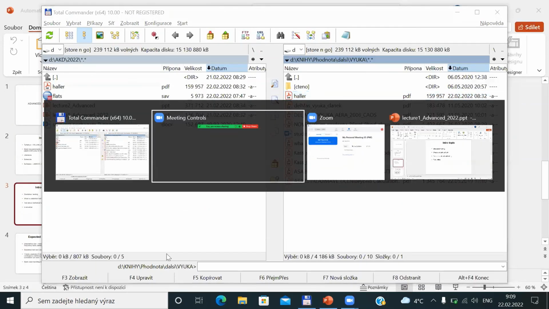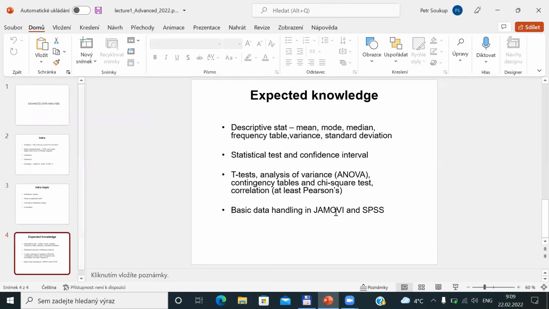So I would go back to the presentation. And here we have only a basic recap of what I expected you to know for this course. So we wouldn't discuss descriptive statistics in detail. I expect that you know something about mean, mode, median, frequency table, variance, standard deviation, etc. I hope so, at least by this short excursus today, that you are familiar with statistical testing as well as confidence intervals.